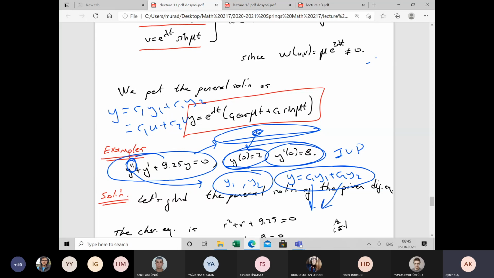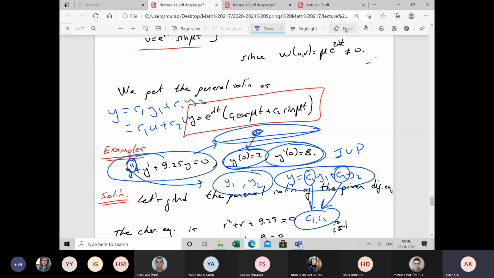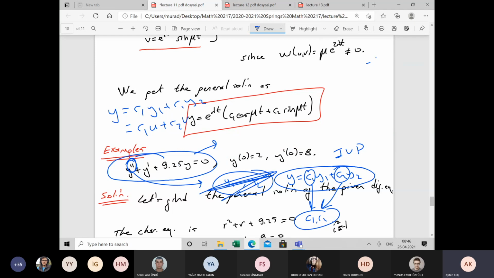We have two unknowns. Our aim is to find C1 and C2, so we need two equations to get the unique solution. The first initial condition gives the first equation, and the second initial condition gives the second equation.